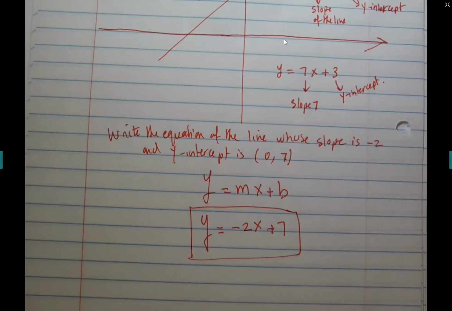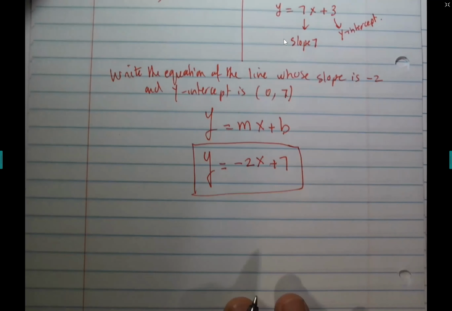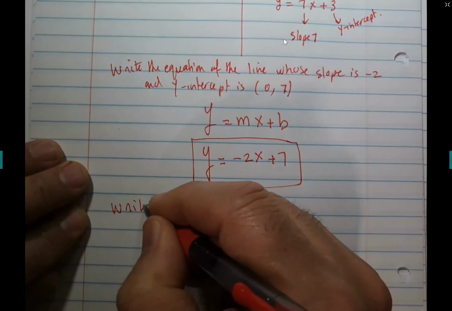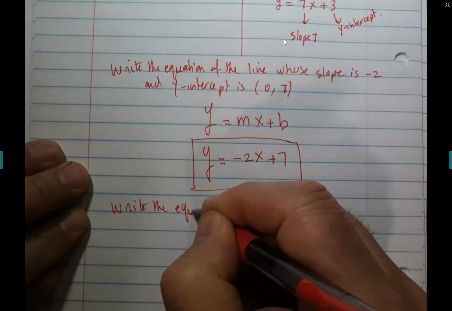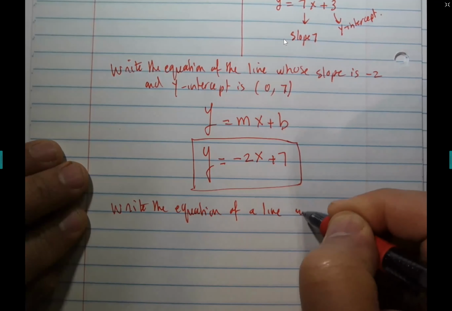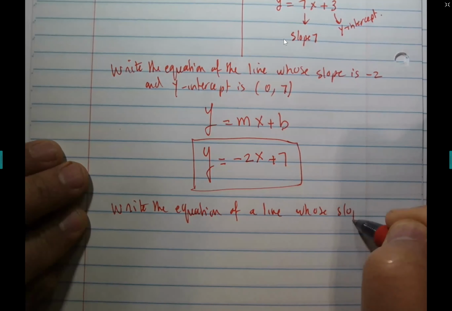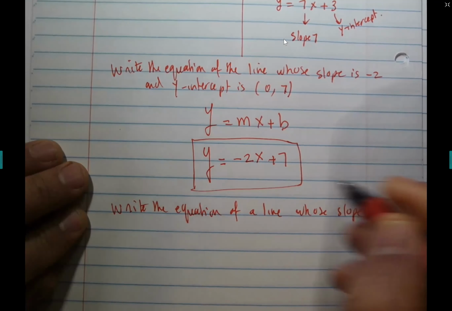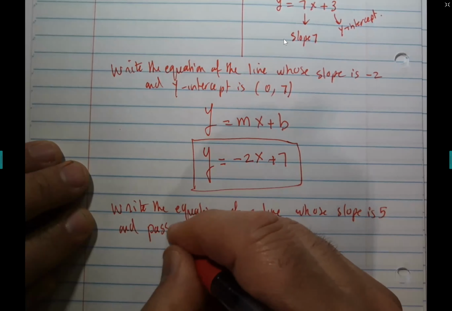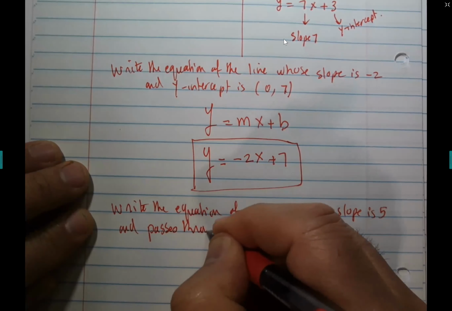Any questions? Okay, here is another example. Write the equation of the line whose slope, I want one student to answer this, is 5 and passes through the origin.